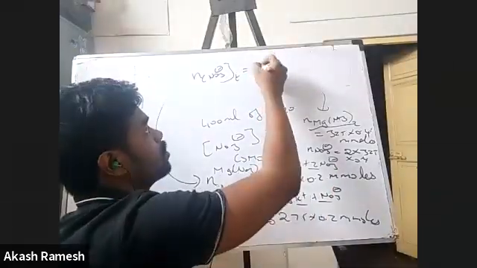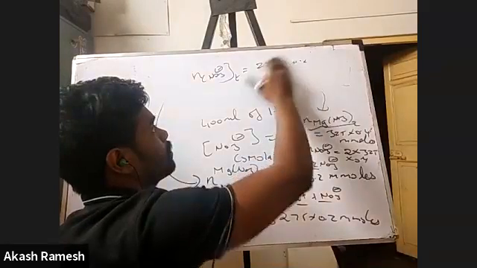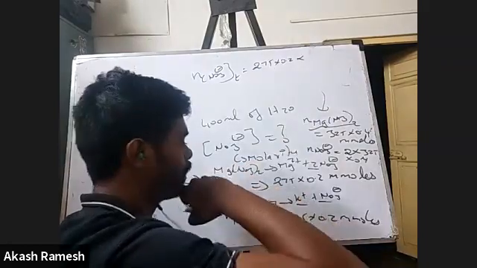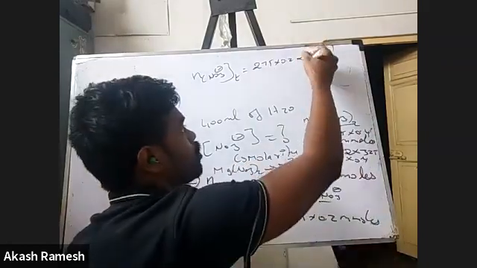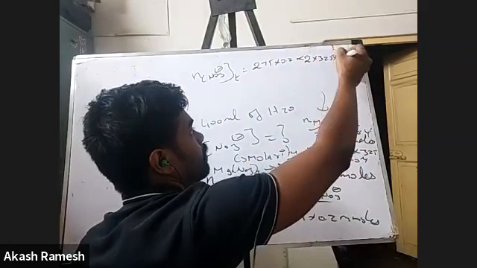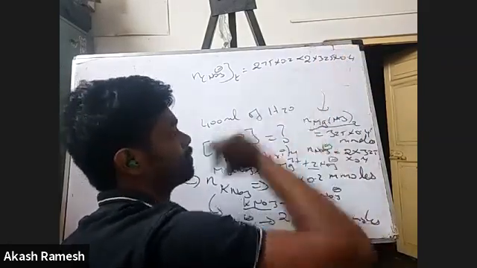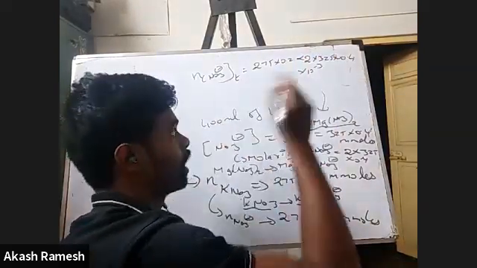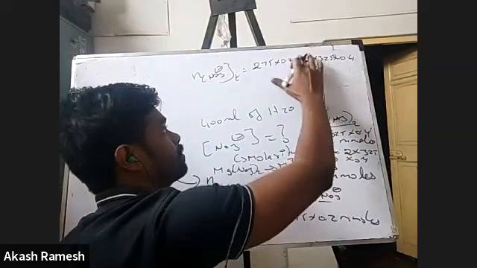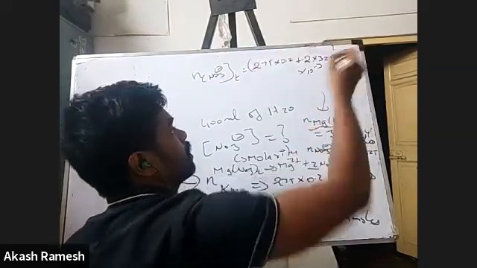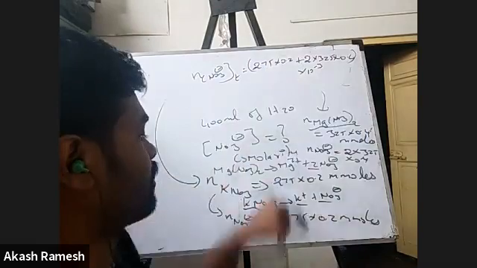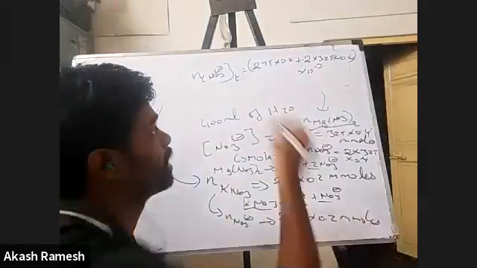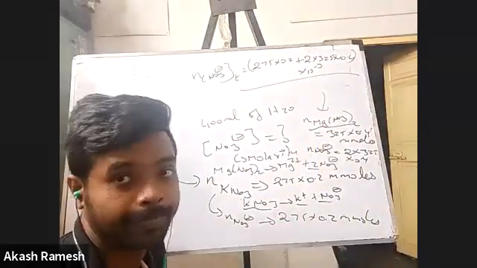That would be 275 into 0.2 plus 2 into 325 into 0.4, all into 10 to the power minus 3, because both of them have that, divided by the total volume.